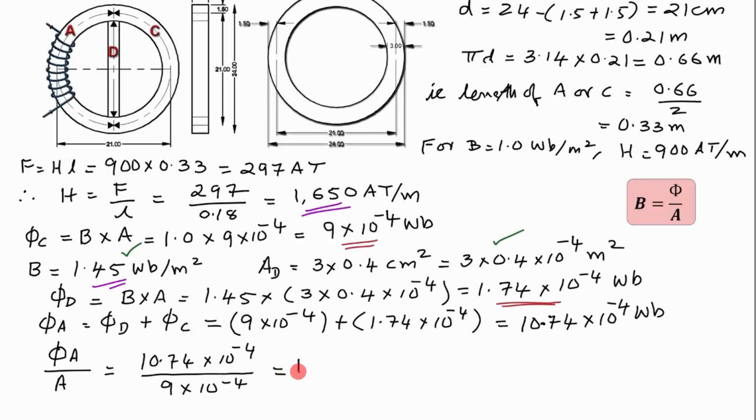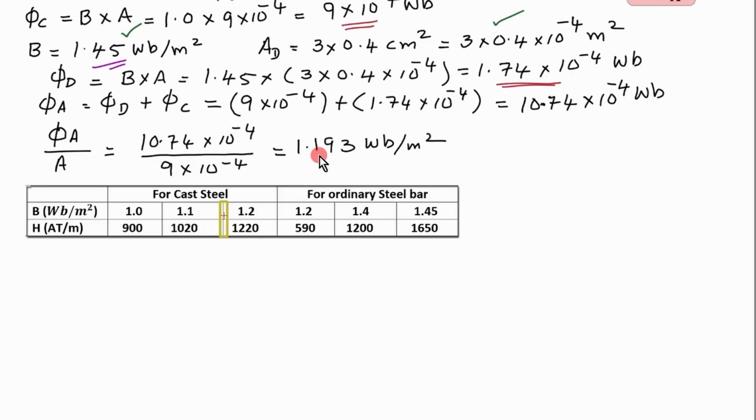This gives 1.193 Weber per meter square. For producing a flux density of 1.193 Weber per meter square for cast steel, which is coming somewhere here, the corresponding ampere turns or magnetizing force required is 1200 from the table.